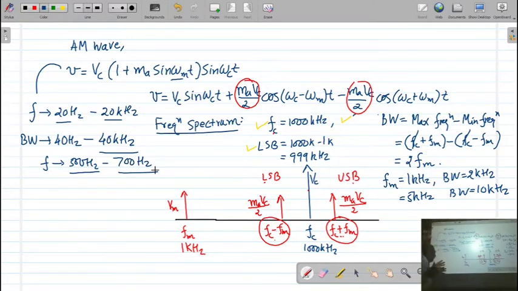So here we have an international standard that whatever the AM transmitters are there worldwide, the bandwidth of the transmitter should not be greater than 10 kilohertz.